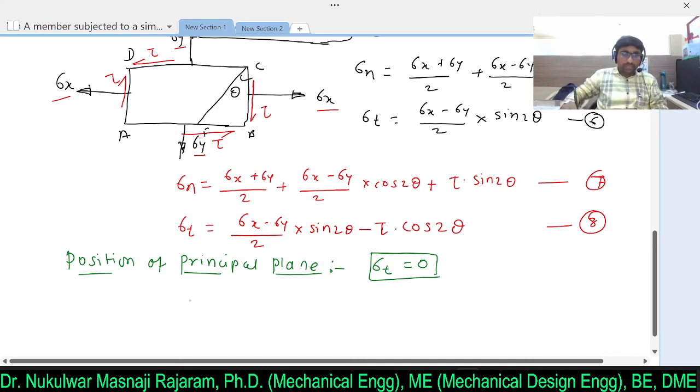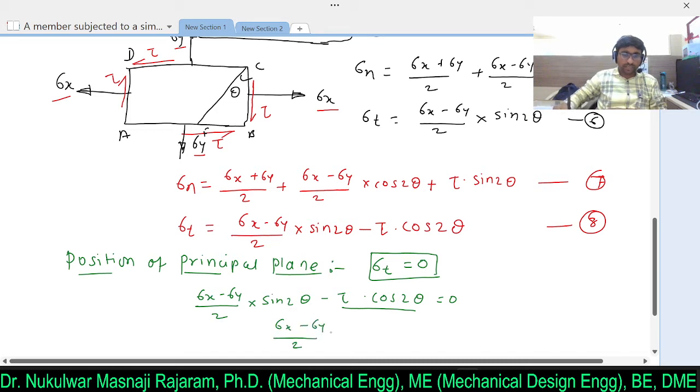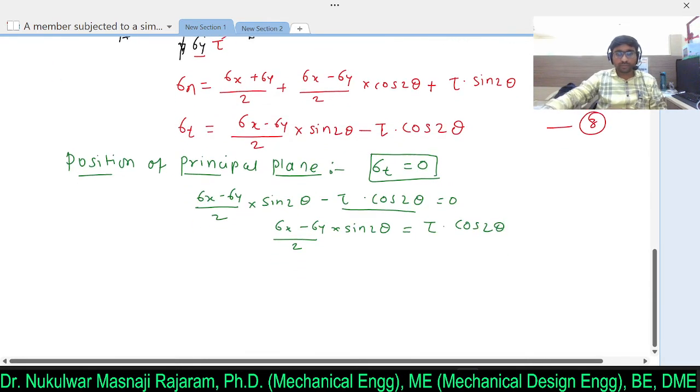So from equation number 8, I can write sigma x minus sigma y divided by 2 into sine of 2 theta minus tau into cos of 2 theta must be equal to 0. I will shift this term to the other side. So sigma x minus sigma y divided by 2 into sine of 2 theta equals tau into cos of 2 theta. Simple.